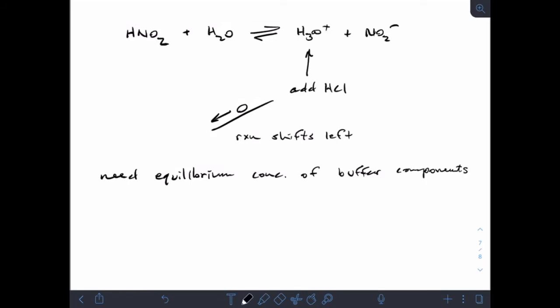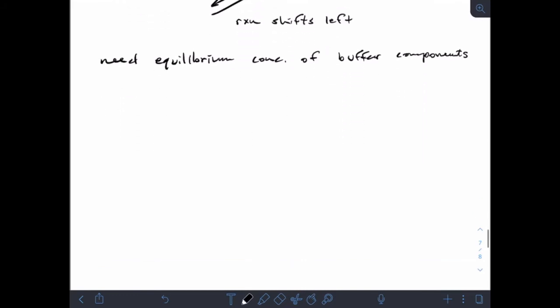Okay, and anytime you see that idea, you need the equilibrium concentrations, you have to use an ice table. Right, so let's write our equation again, because Dr. Lyon keeps shifting the page down.